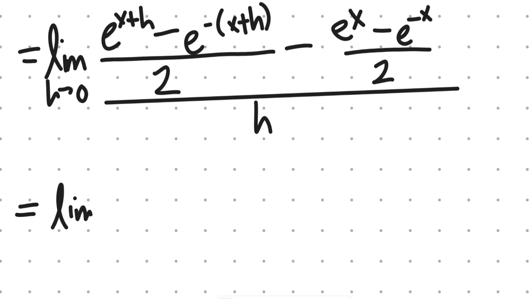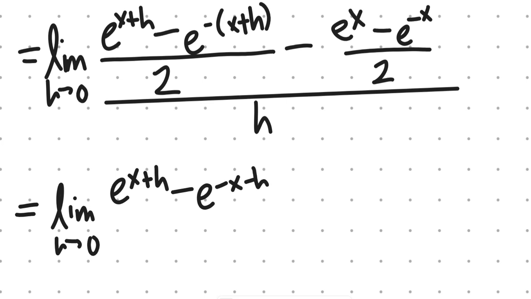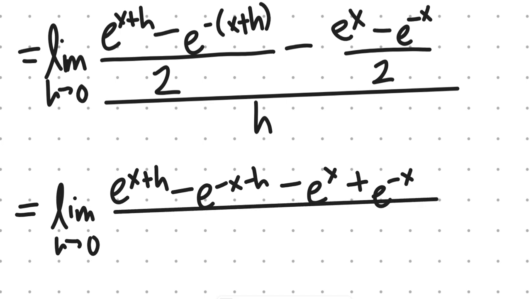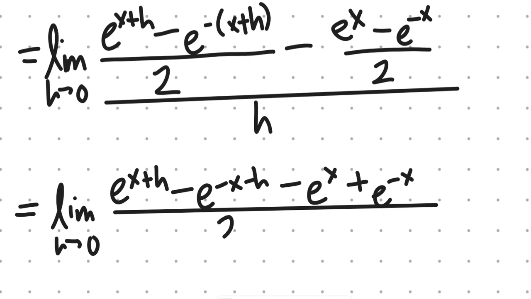So we have the limit as h approaches 0 of e to the x plus h minus e to the negative x minus h, and then minus e to the x plus e to the negative x, because we have a minus in front of the whole fraction, so we use the minus to distribute it into all of the components. Now this whole thing over 2h.